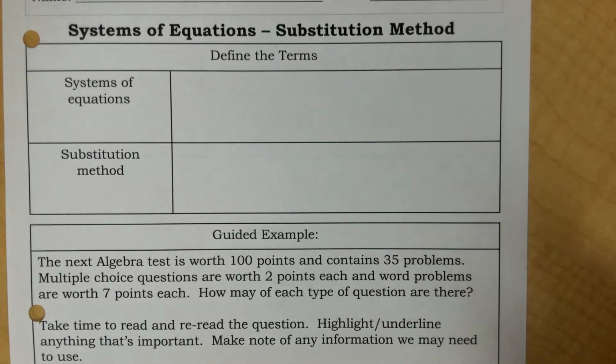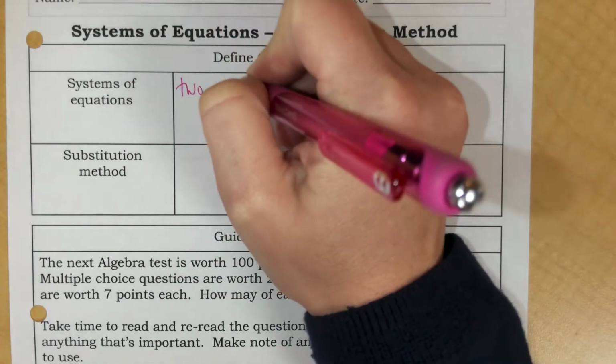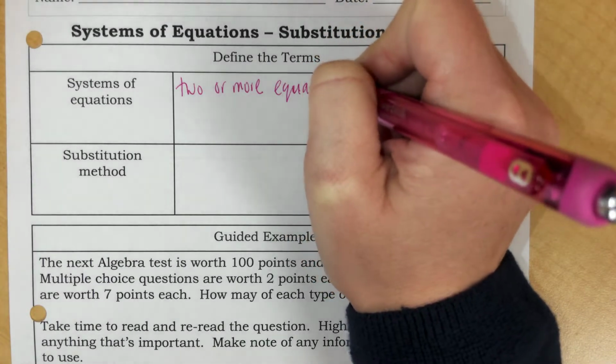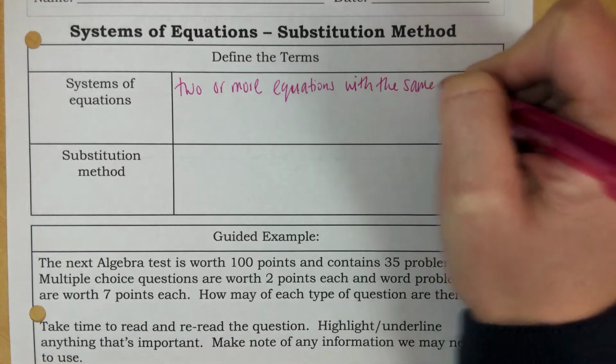So we are going to start talking about systems of equations. Systems of equations are two or more equations with the same variables.